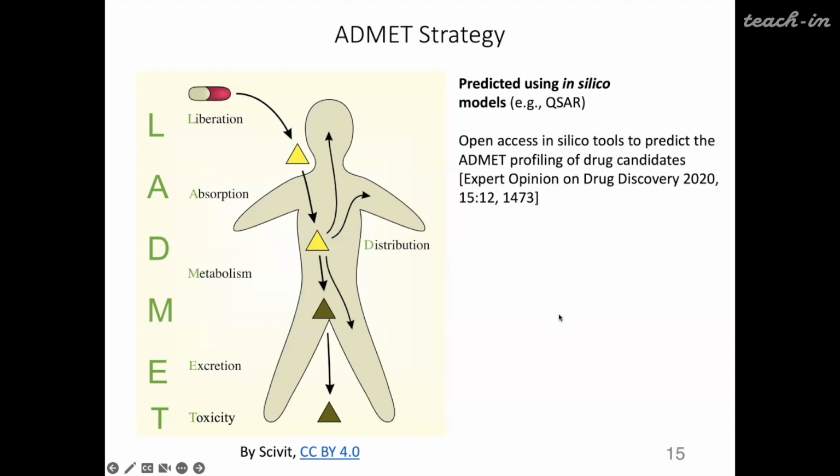I mention this only briefly because ADMET strategy is central to many drug development processes.